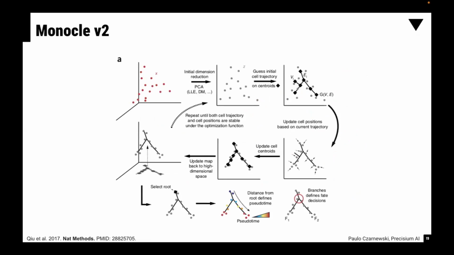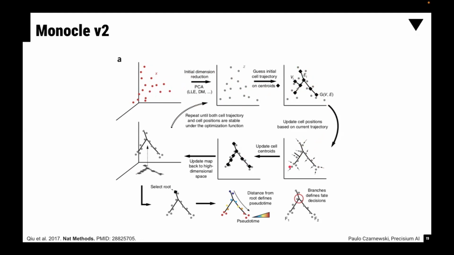And that comes to Monocle 2 and most of the trajectory methods that are out there right now. So it's exactly the same concept. You have the raw data in a multidimensional space. You do dimensionality reduction, let's say PCA, and then integration, let's say Harmony. From that, it tries to identify the cluster centroids around these cells, and then define a tree and project all these cells into this model.